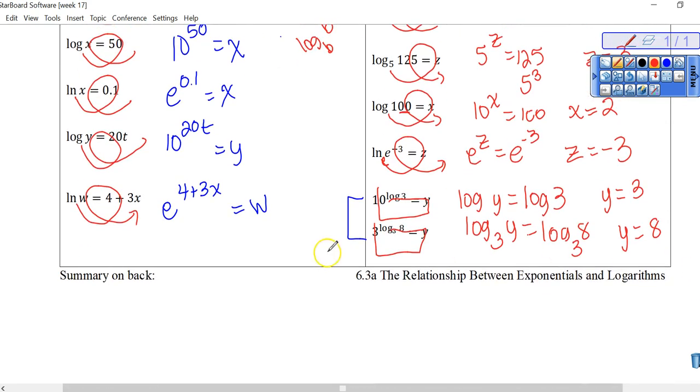Okay, and let me write a generalized statement for these two statements here. If you have base to the log, same base of x, it will equal x. So the bases are the same, so the exponents are the same.